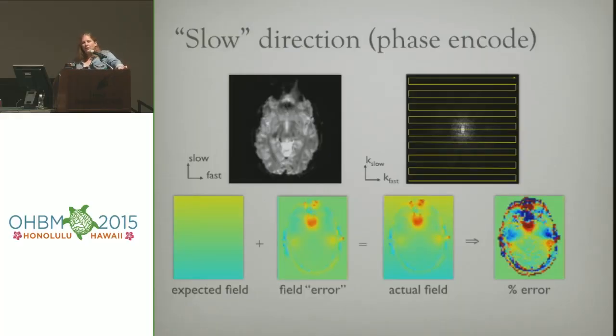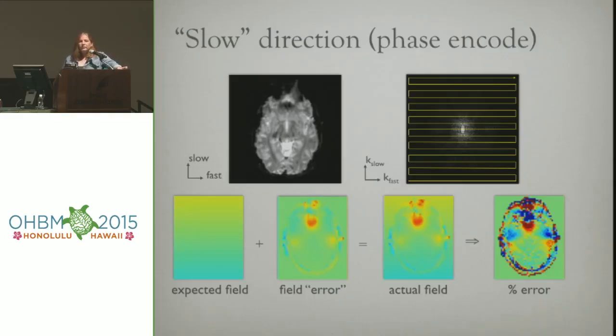And so the percent error now is very large. And as a result, when we try to use the frequency that the signal is precessing at to tell us where to attribute that signal to in the spatial domain, we get it wrong. And so you can see then in this image that along that slow direction, along the up-down direction, we have a lot of misplacement of the signal, particularly in the front of the brain where these errors are largest.